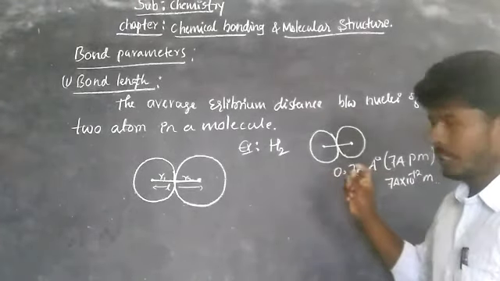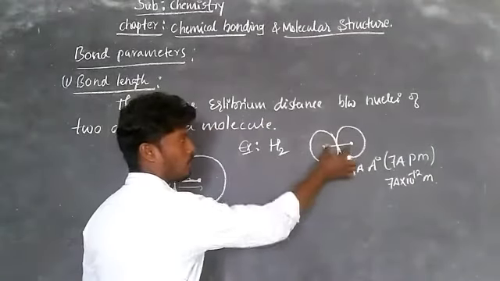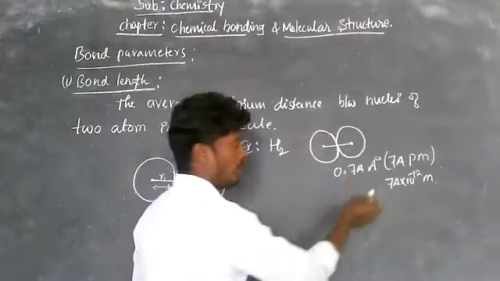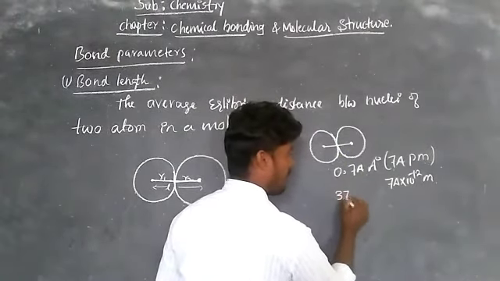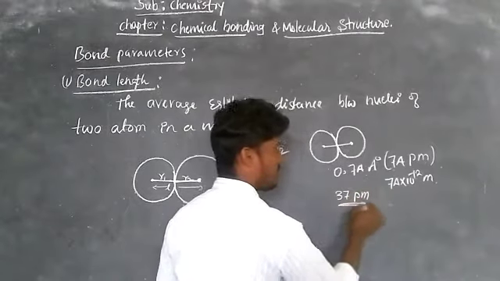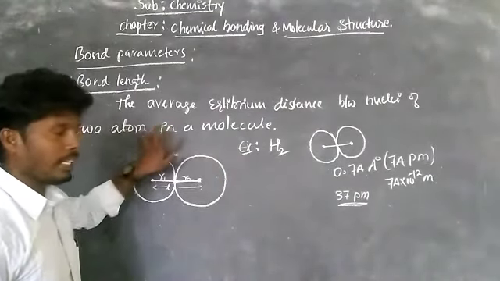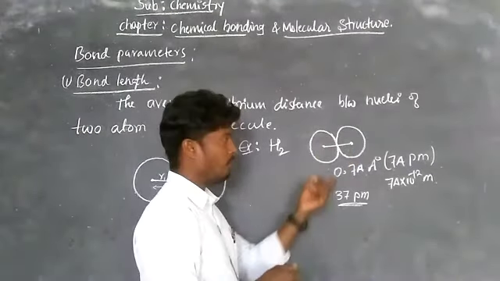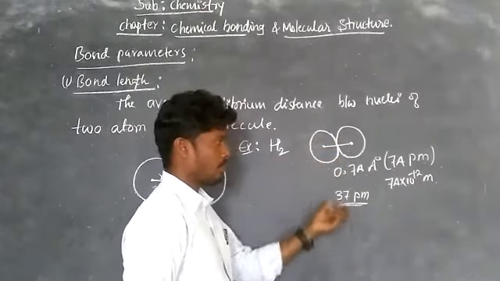Now this is the total bond length. If you divide it by 2, you get 37 picometer. This is the radius of each atom, that is the covalent radius. So bond length is nothing but the covalent radii of two atoms if both are identical, or homonuclear diatomic molecules.